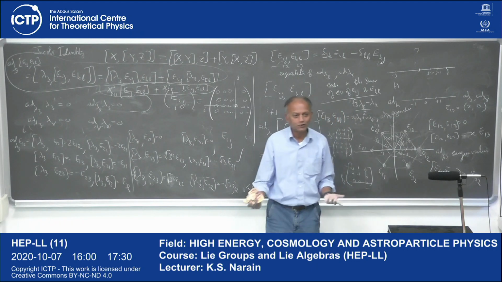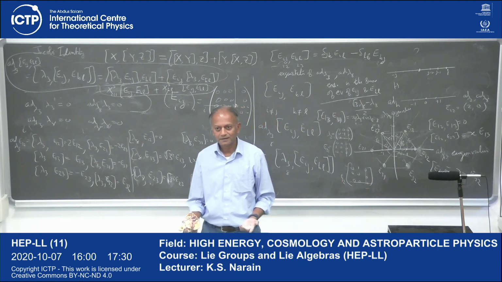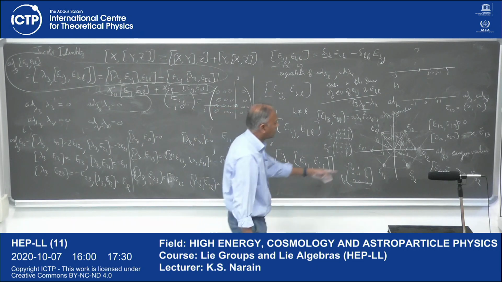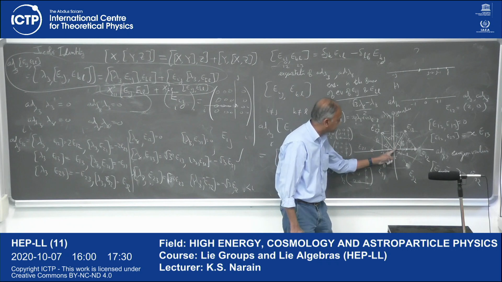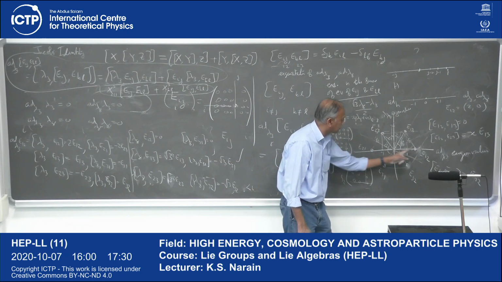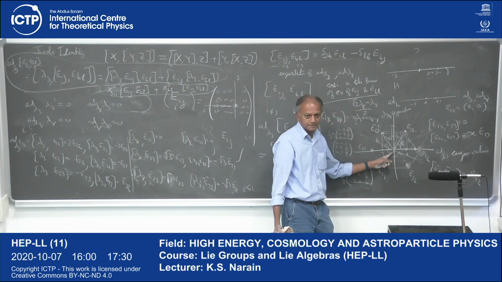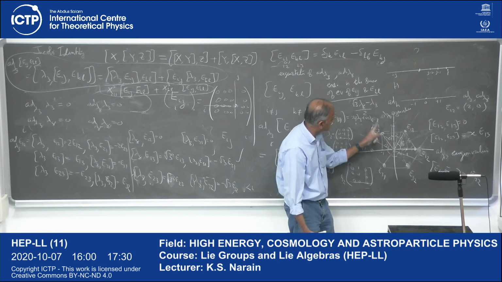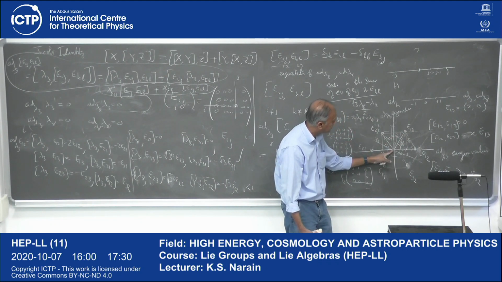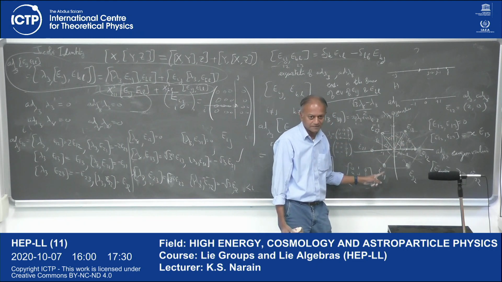That means there's an SU2 subalgebra, where, say, call this sigma plus, that sigma minus, and that particular combination which enters in the commutator, call that sigma 3. That's an SU2 subalgebra. Same thing with this. If you take this, this, and another combination, that particular combination which appears here will form another SU2 subalgebra.